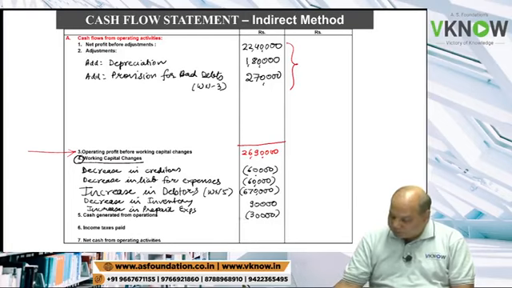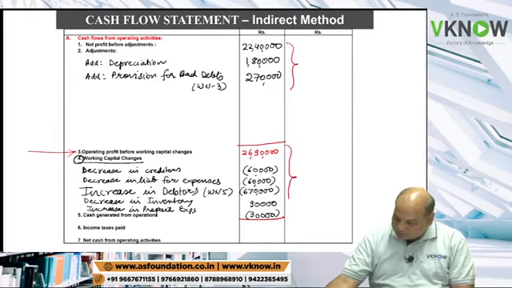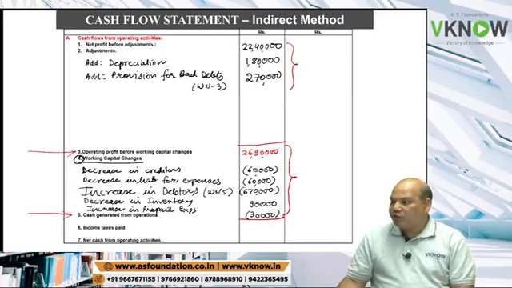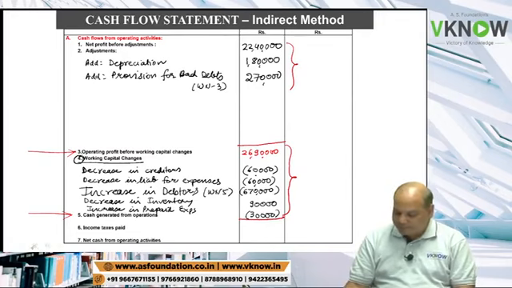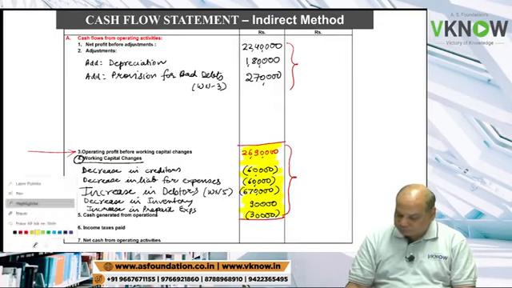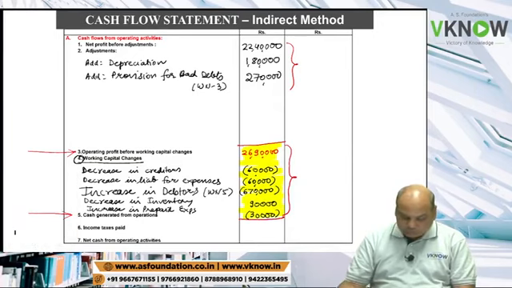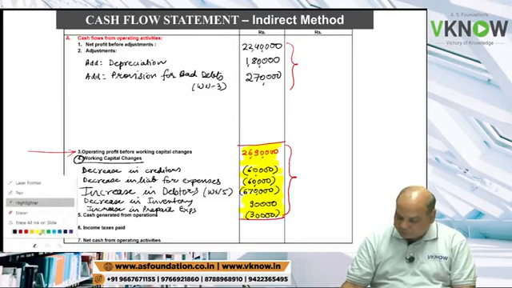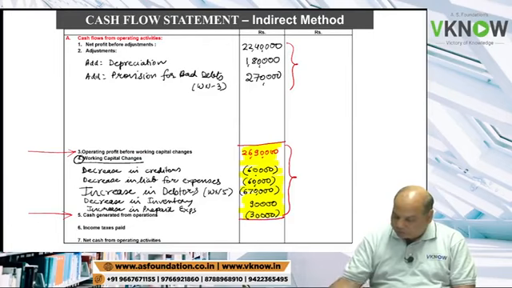Then add all these items and write in point number 5, cash generated from operations. Do all plus minus and tell me what is cash generated from operations. It is 19 lakh 60,000.